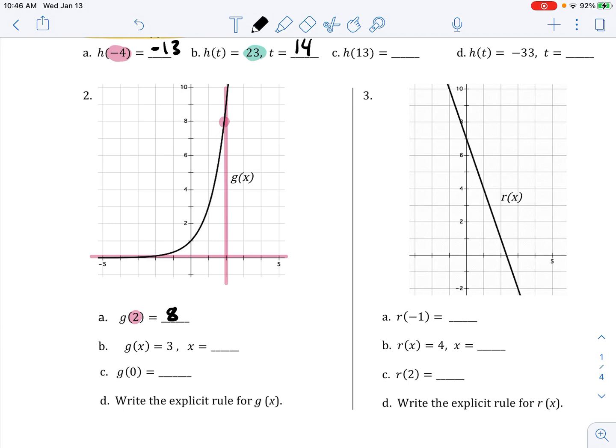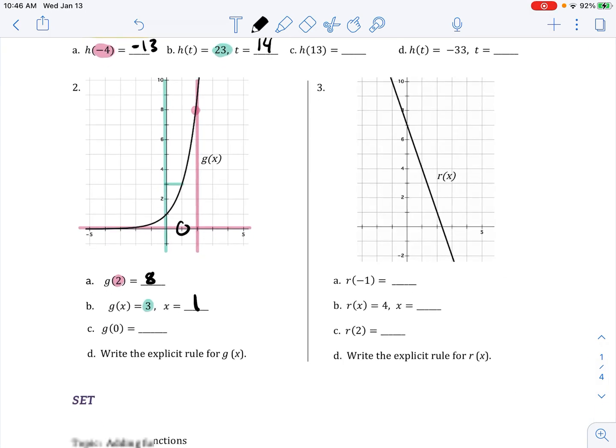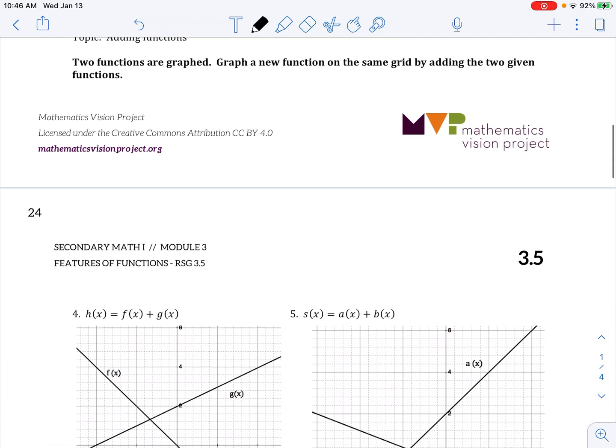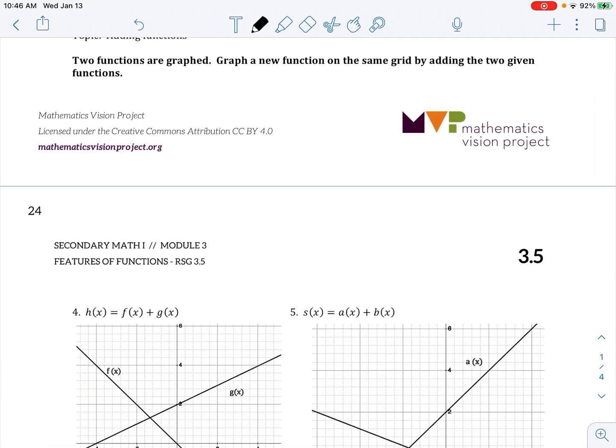On the next problem, it's giving you the output, so it's giving you your y value is 3. When your y value is 3, what is your x value? 1.